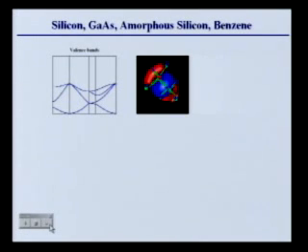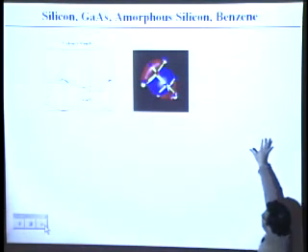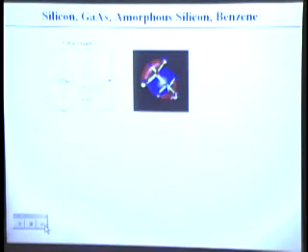And the localized orbital that you obtain is really what the chemist would have told us probably in 1930. It's really a covalent bond between 2 orbitals.